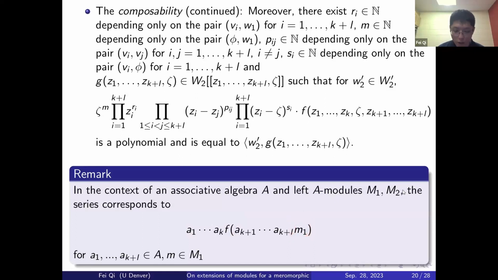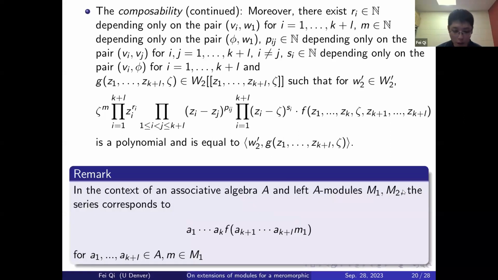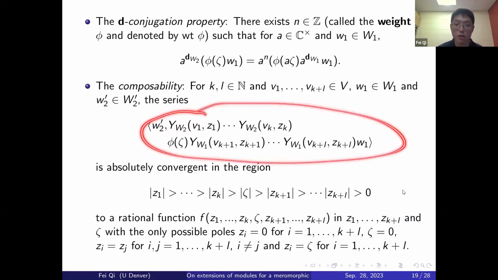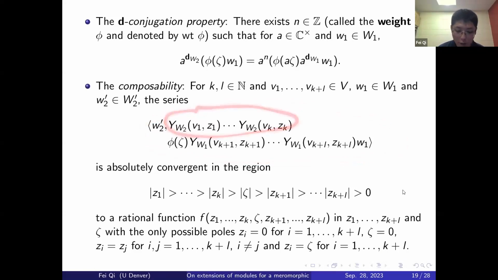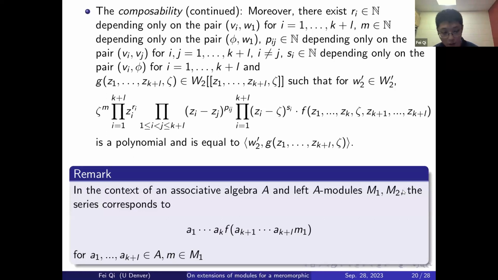So we want to make sure that the convergence holds. This is basically what the composability condition is about. We need to make sure that such series, with left action on the codomain and action on the domain, all converge. So these are all natural conditions.